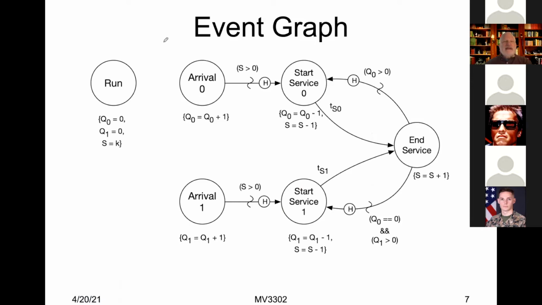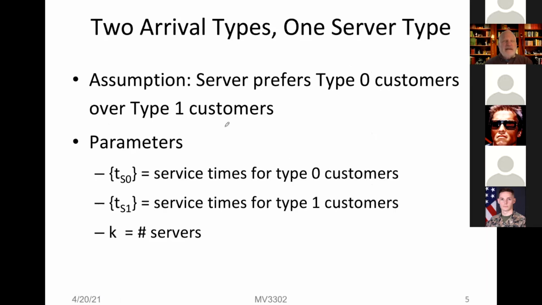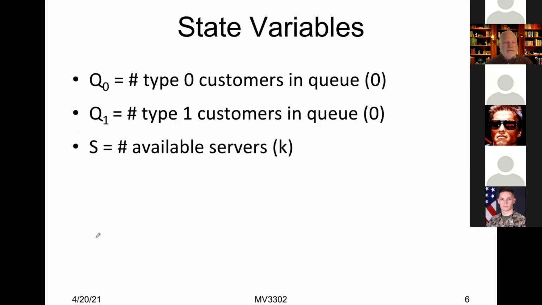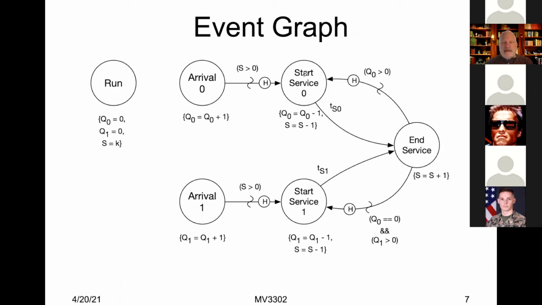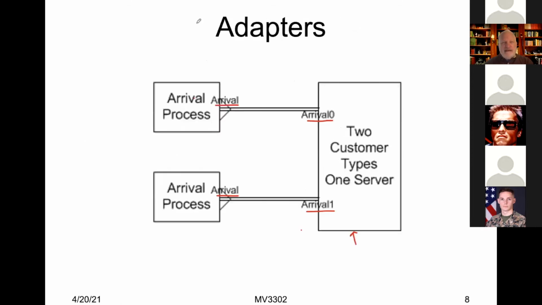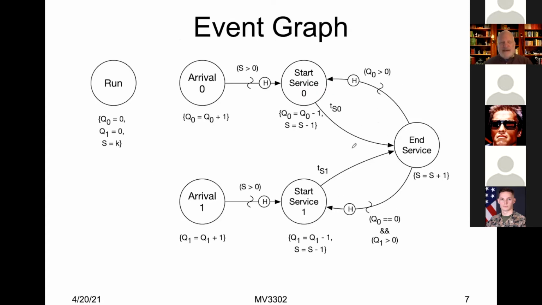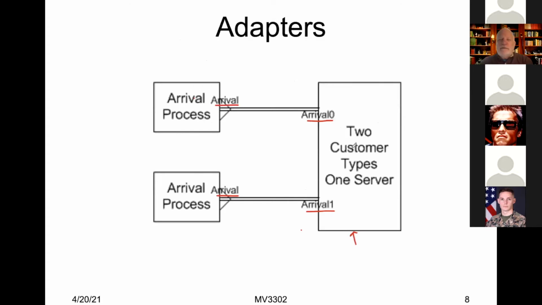If this were a problem, then you would need to define the parameters, define the state variables, and then if you define this as your component, write this as the listener diagram. So if you say arrival process, I know what an arrival process is. You don't have to draw that out. And if you say that this is one of these, then you don't have to draw it twice.